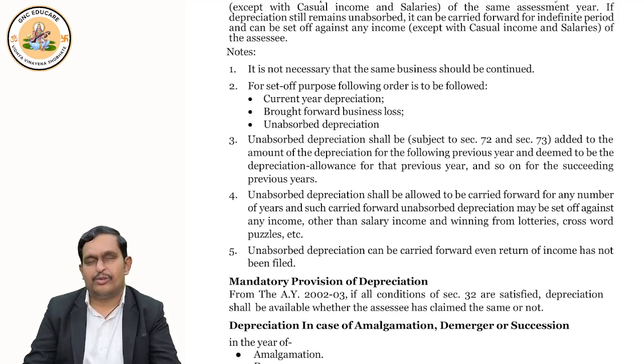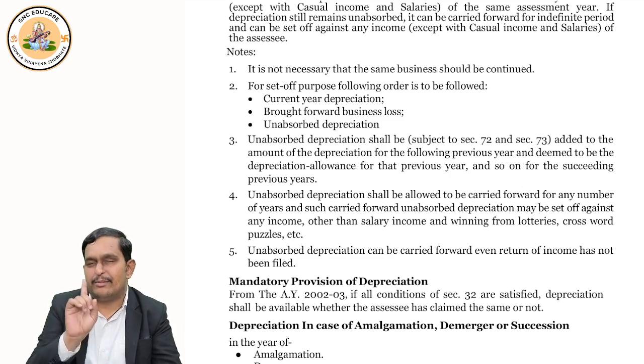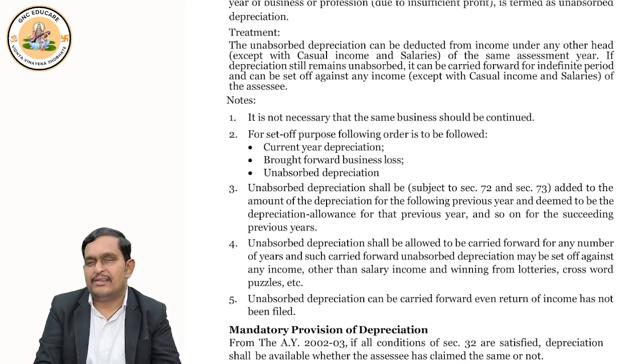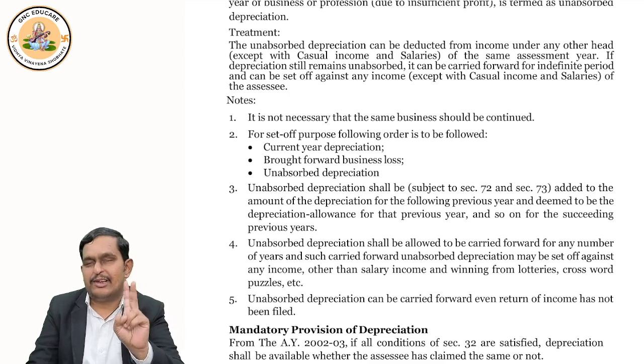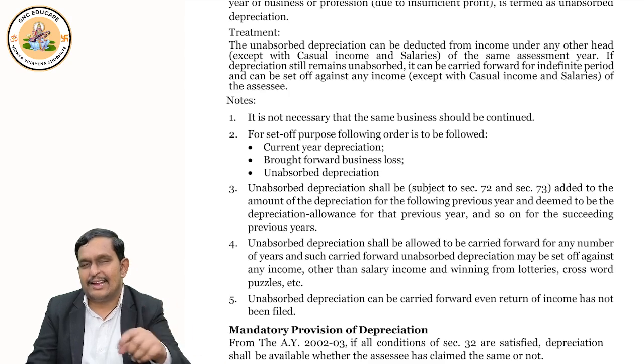The answer is no. From salary income and from casual income, you cannot deduct unabsorbed depreciation. From any other income, you deduct, no problem, either in the current year or in the future years.